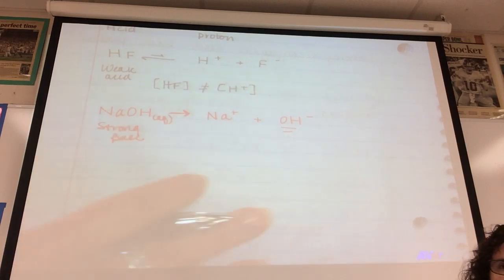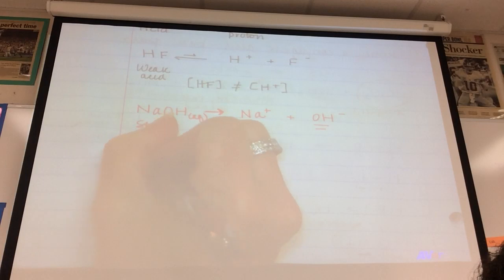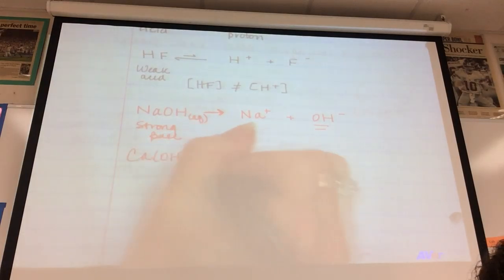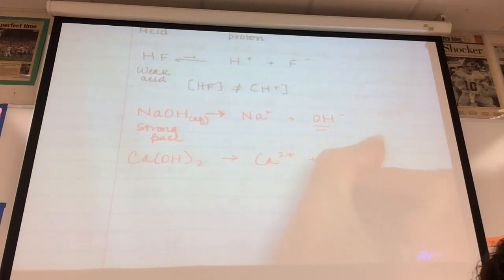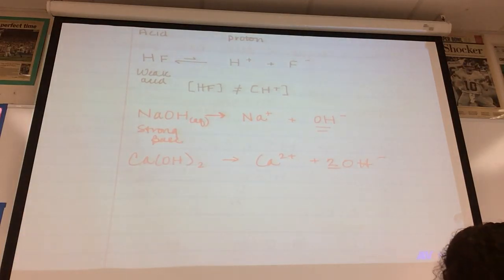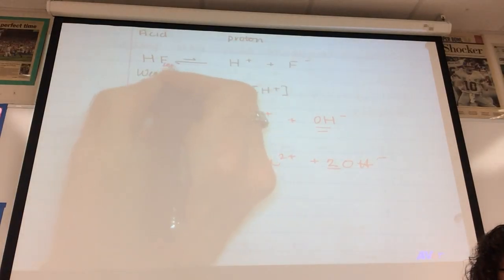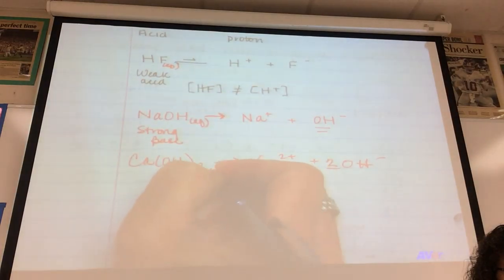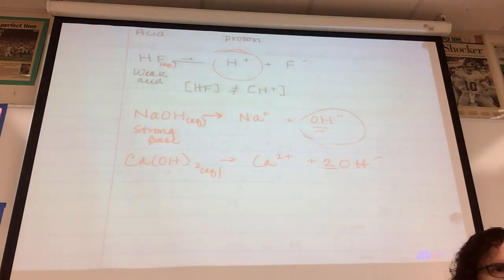Remember, all group 1 hydroxides are strong bases. You get some from group 2 as well: calcium, barium, strontium. So calcium hydroxide ionizes completely as well, generating 2 hydroxide ions for every 1 calcium hydroxide. So with the Arrhenius definition, it must be aqueous, dissolved in water, and an acid will generate proton and a base will generate hydroxide ion.